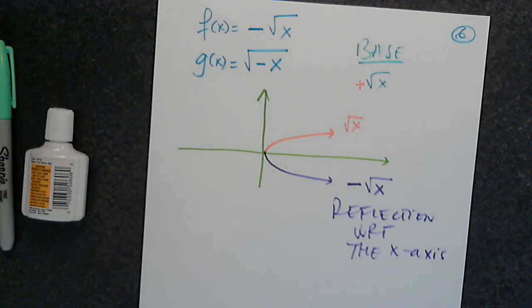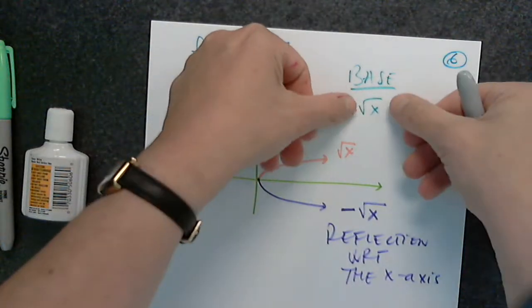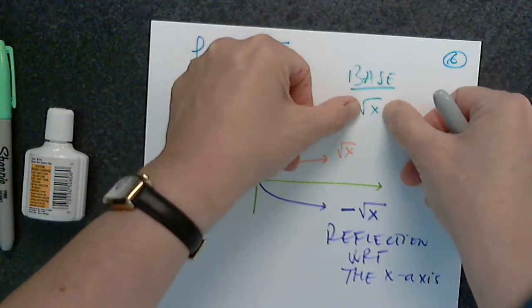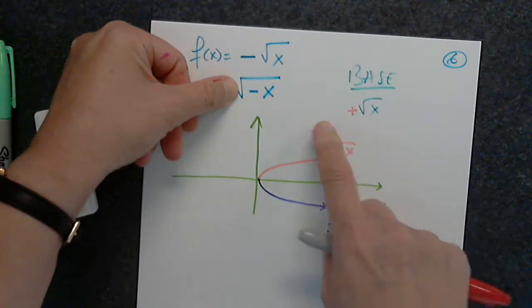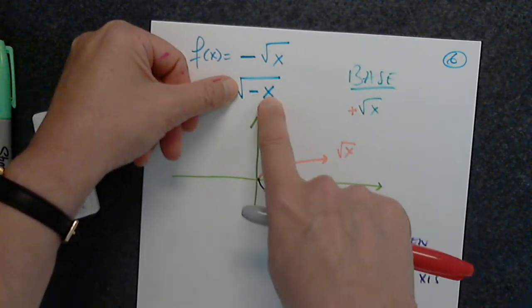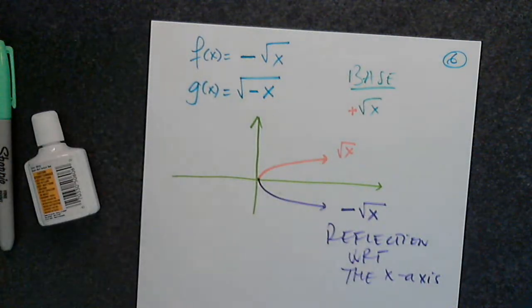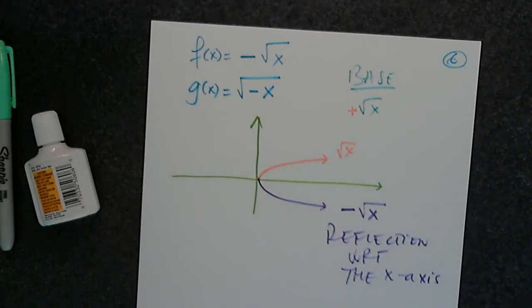Okay. Now I compare for the second function. I look at the square root of x, but then I look at the square root of negative x. Oh. So the minus touches x. So it cannot be a transformation on y. It must be a transformation on x. So now, from positive x to negative x, or from negative x to positive x, with respect to?